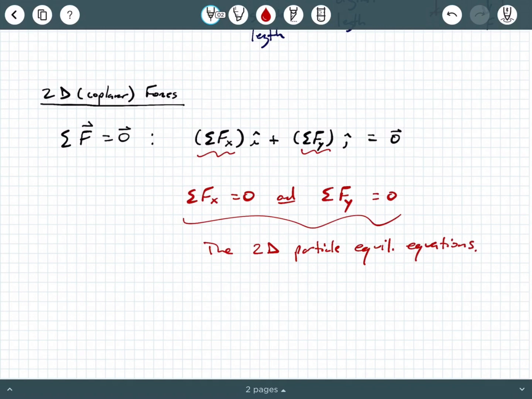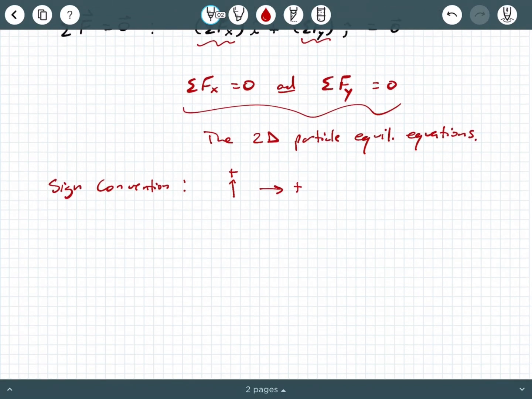Okay? Now, let's talk about our sign convention. Our sign convention typically states that we call things pointing up positive and things pointing to the right positive. Things going up are positive for y directionality, and things pointing to the right are positive for x directionality.